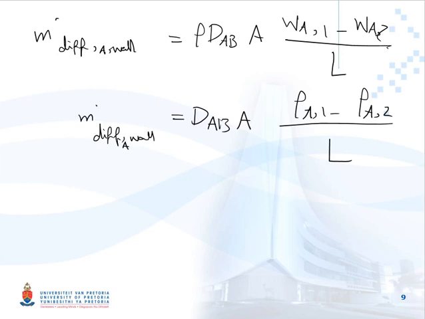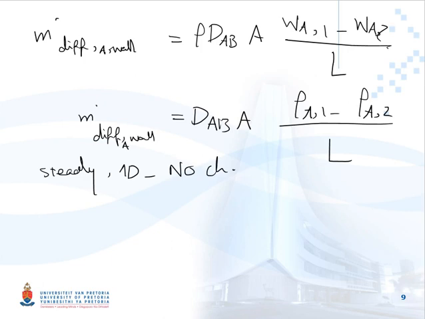But as I mentioned, again we know that it is steady, one-dimensional, no chemical reaction. It looks very similar to what we did for one-dimensional conduction heat transfer, if you remember.